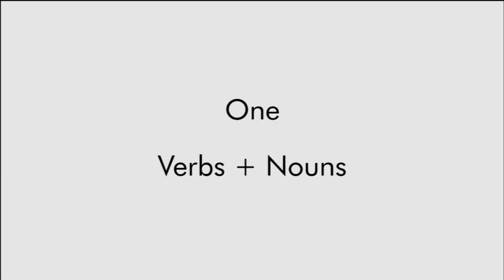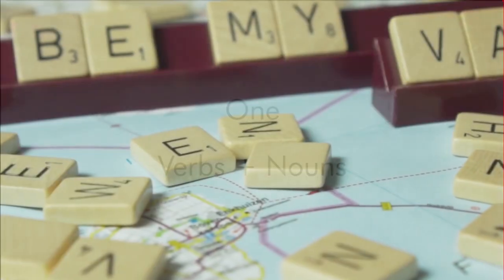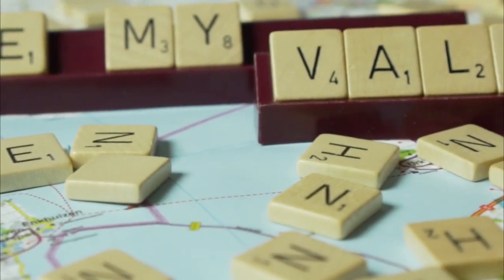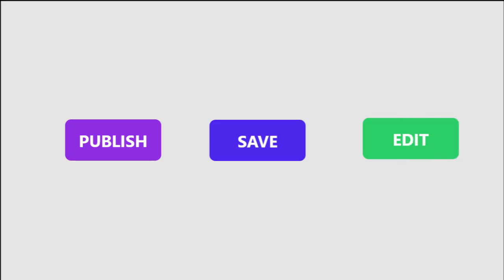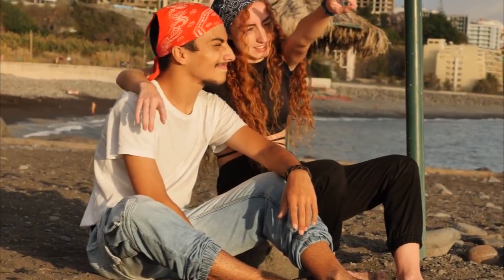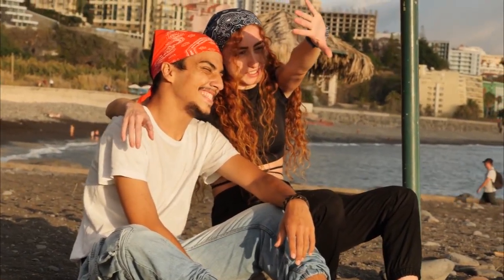1. Verbs plus nouns. The majority of buttons have verbs on their label to indicate what the button will perform. Button labels like save, publish, and edit are verbs. On the other hand, back and next aren't verbs. In terms of an interface, they may look to work in the same way.